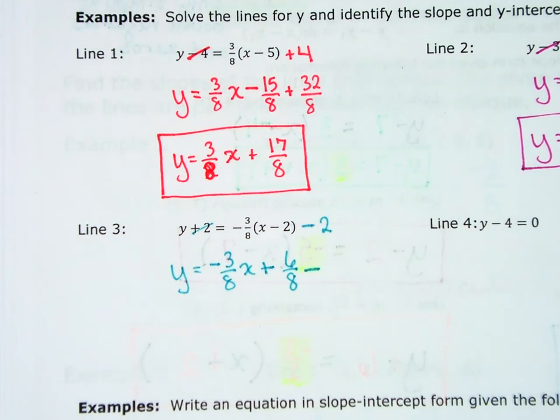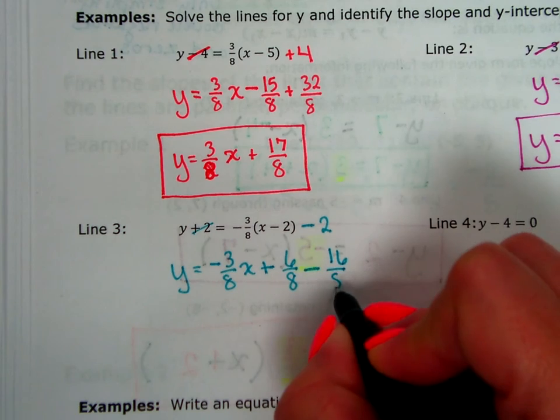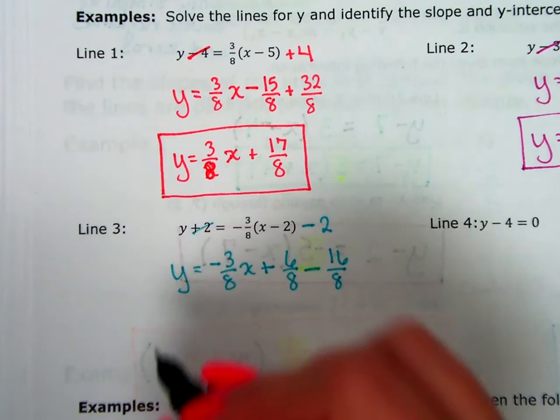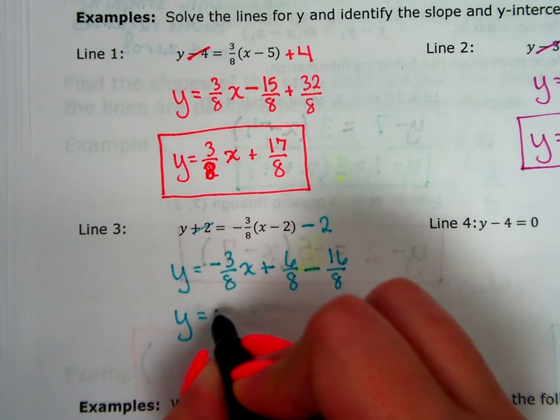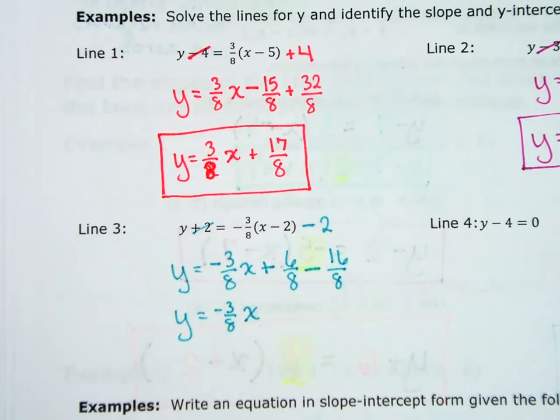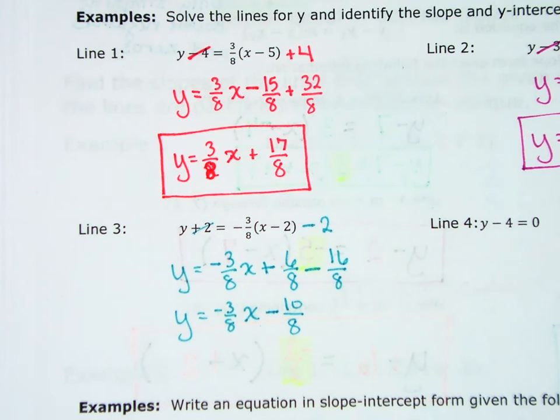When I bring down this -2, I want it to have the same denominator as my 6/8. What's 8 times 2? 16/8 is the same as 2, right? So then y equals -3/8x plus 6/8 minus 16/8 is -10/8.